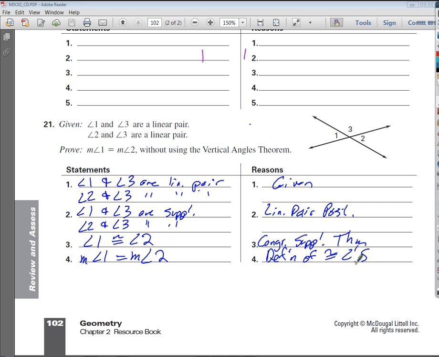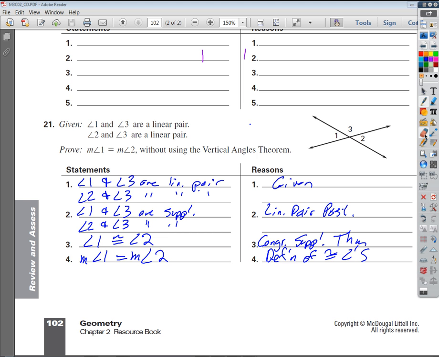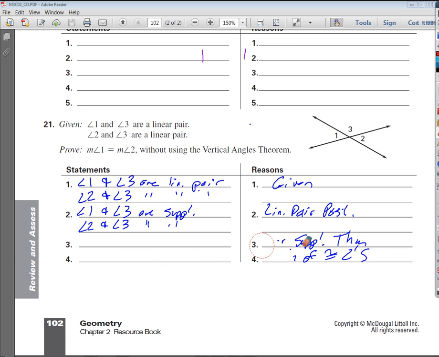Okay, good, but people could have done something different, and they did. They also said that the measures of angle 1 and angle 3 are 180, which is fine. To do this one totally right, we could have not gone the route that we did right here with 3 and 4.